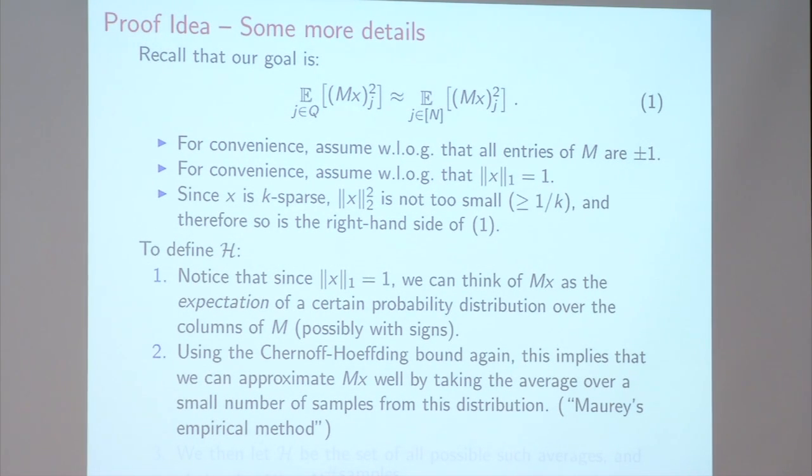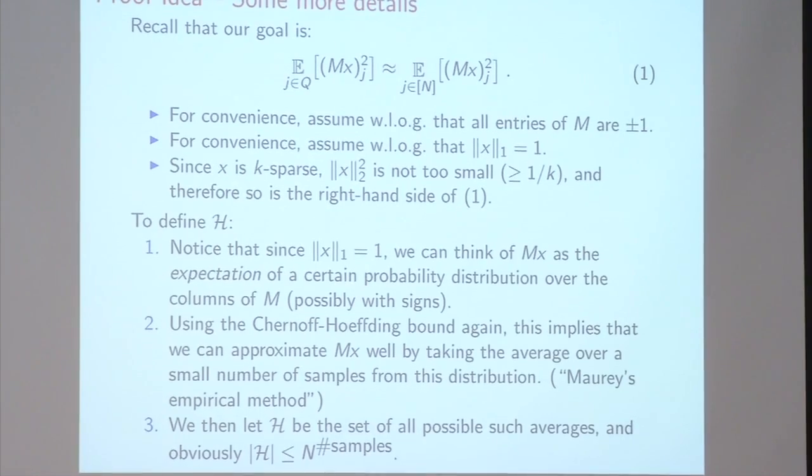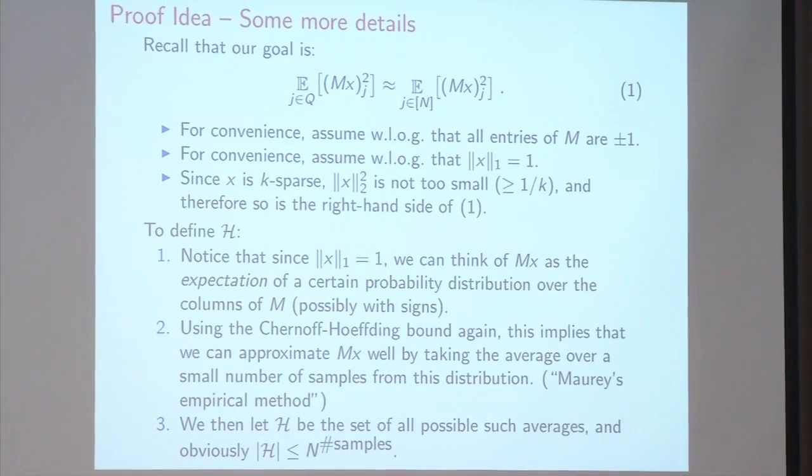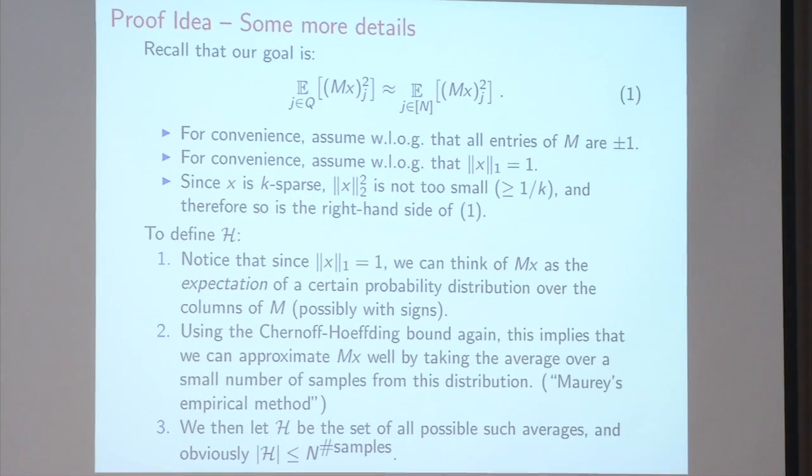There are lots of distributions out there, but I can always sample from whatever distribution I get. And the crucial thing is that because I only take a small number of samples, the number of possible vectors I can get that way is small. It's only n, the number of columns here, to the power of the number of samples.